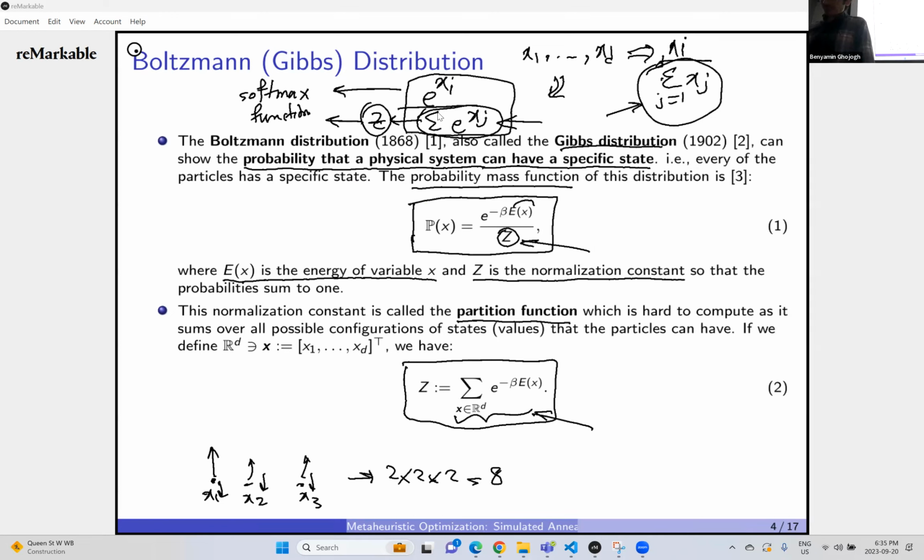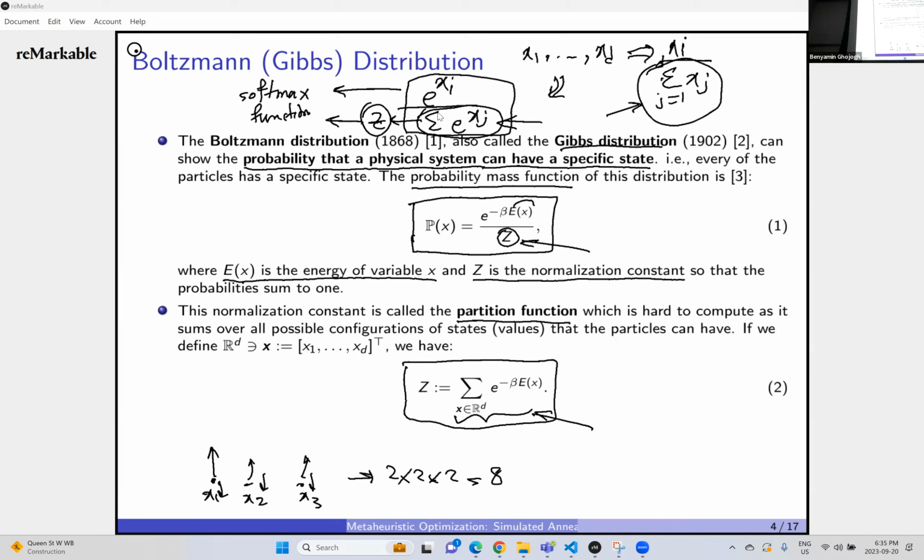Then the probability mass function of the Boltzmann distribution is shown in equation 1. This is the probability that a bunch of particles next to each other can have a specific state, right? This x here shows a specific permutation of +1, -1, and E of x is the energy of the variable x, and Z is a normalization constant.